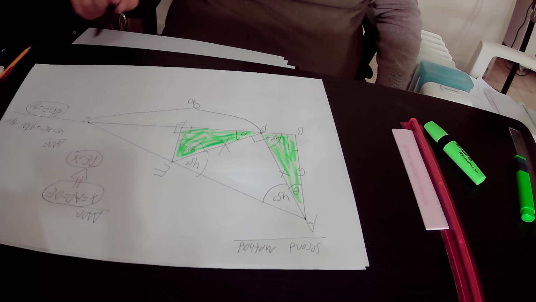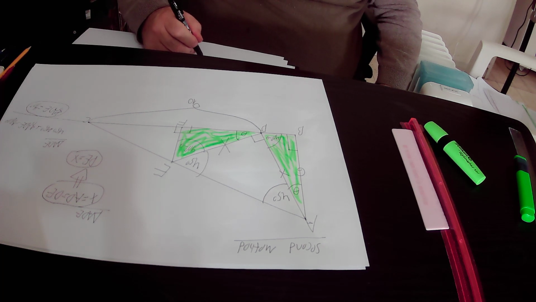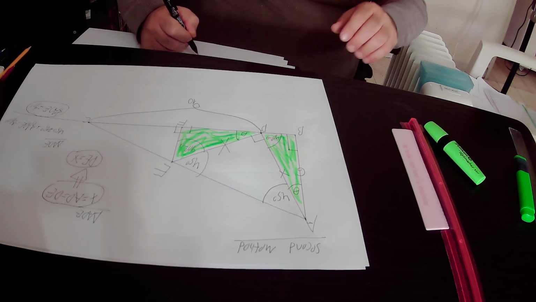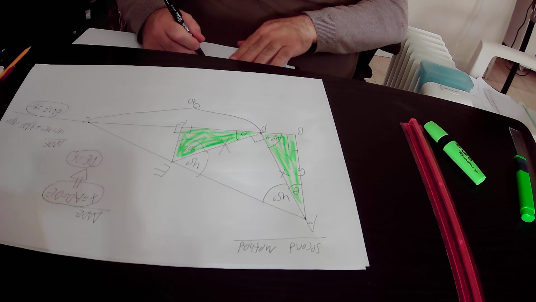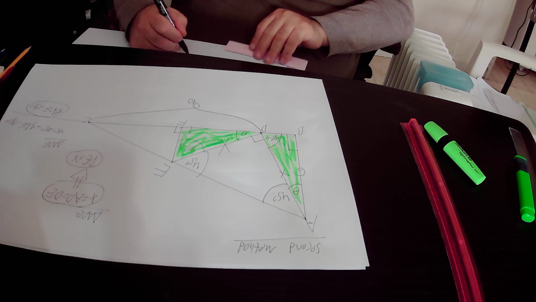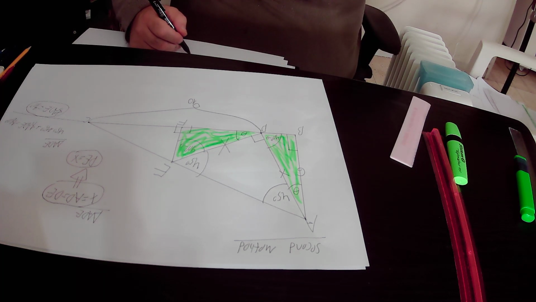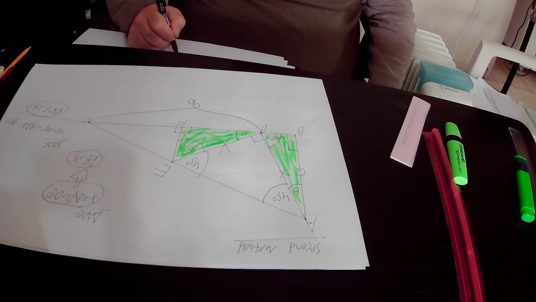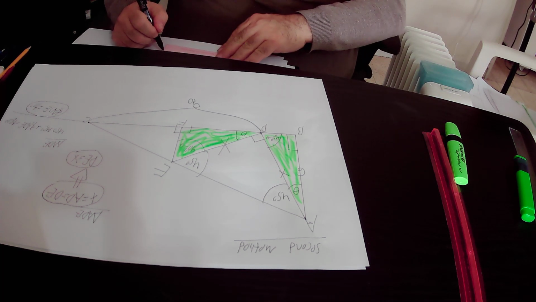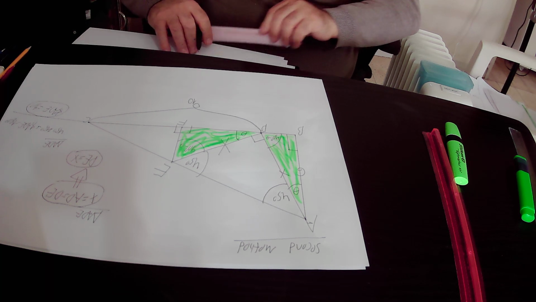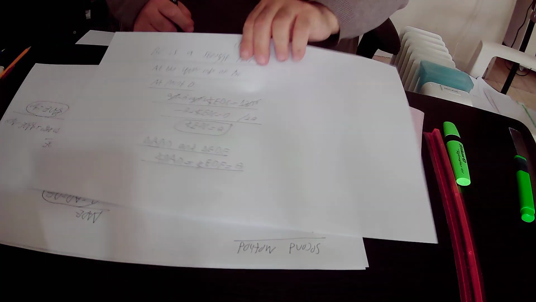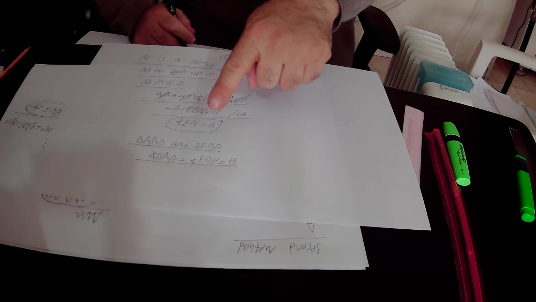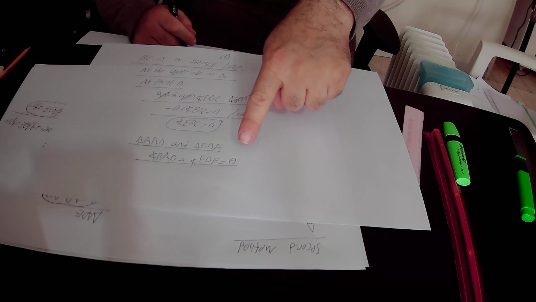So angle BAD is equal to angle EDF and they are both equal to theta.